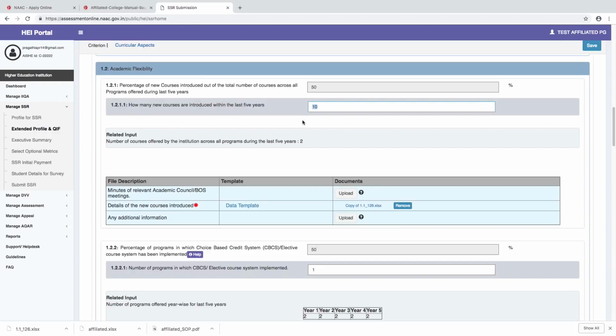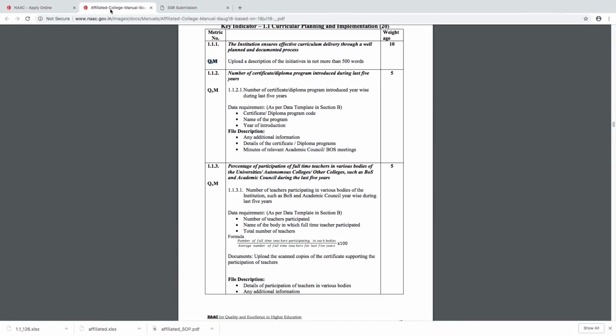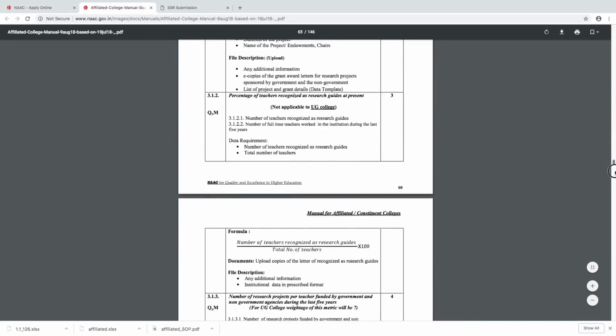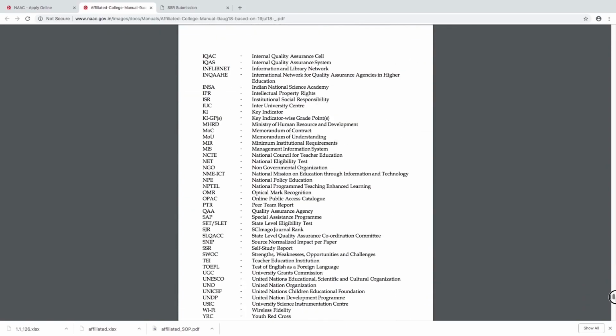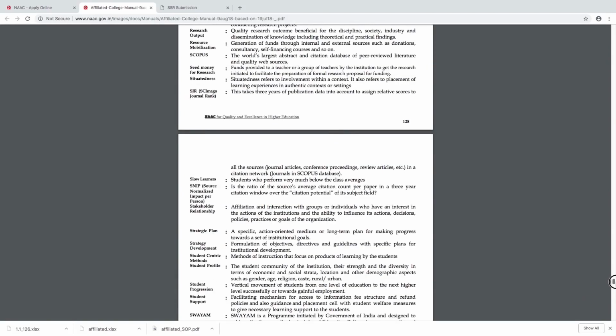Aspects like courses and programs have a definition in the RAF, and hence it is important that we stay in tune with the glossary that has been given in the manual to understand the terminologies and to answer accordingly.